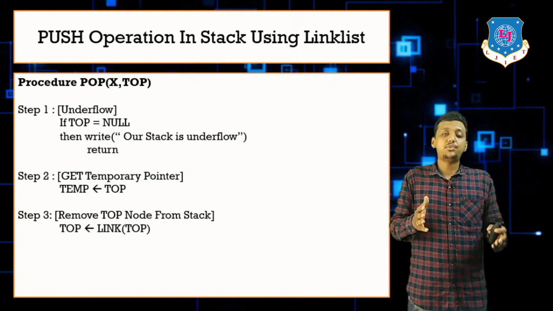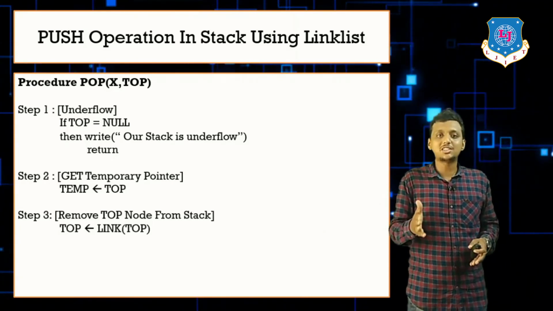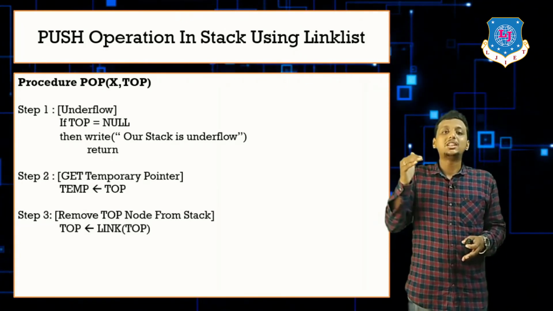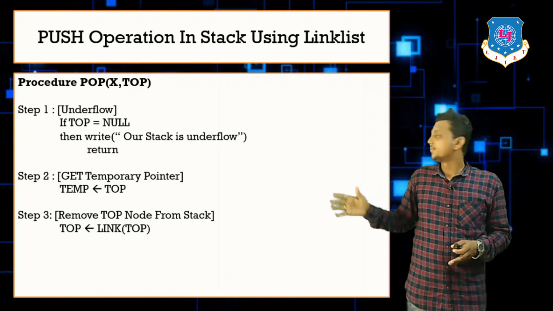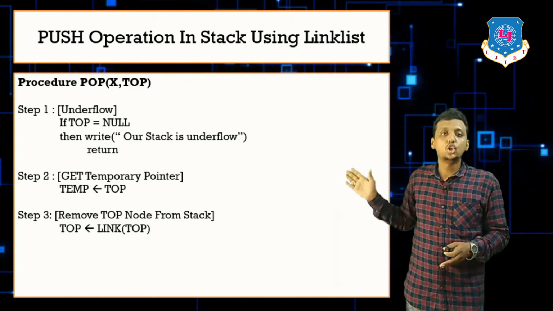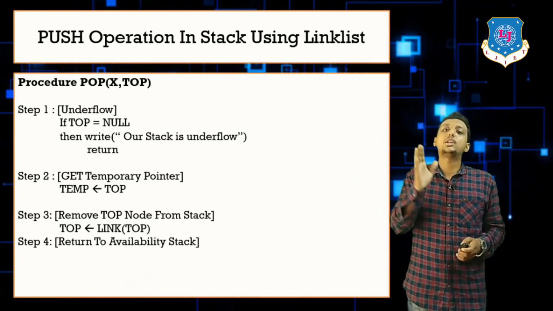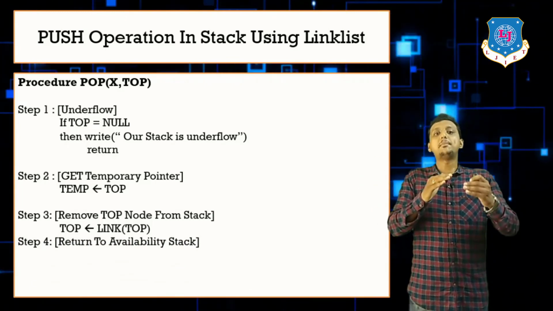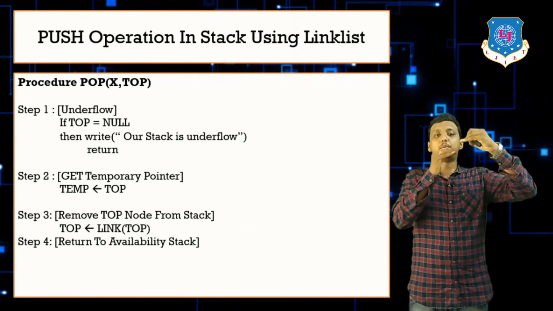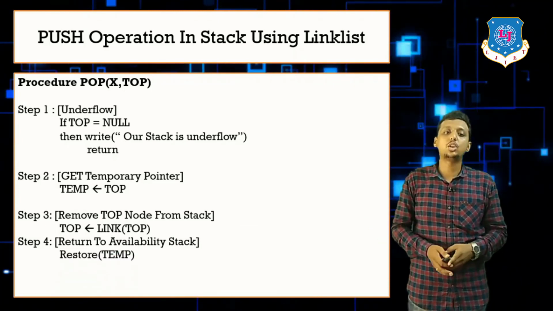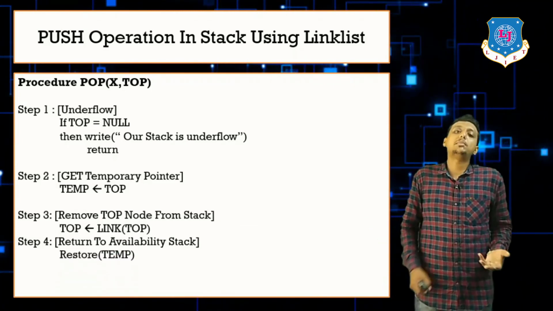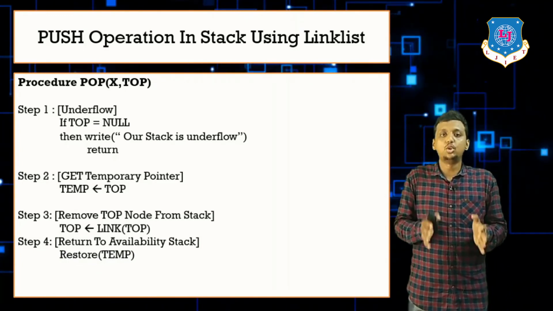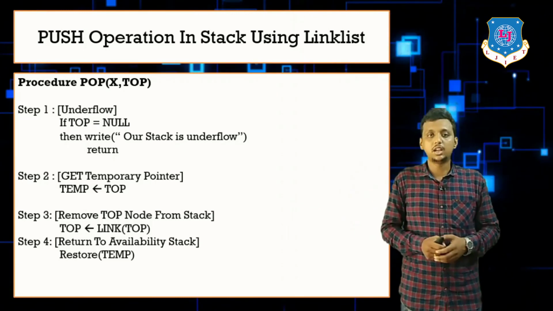Second step, if stack is not underflow and you want to delete something, first initialize temp to top, and then do top arrow link of top. So first temp is pointing to top, then top will point to link of top. In the last step, restore temp. This step means moving the temporary node to the availability stack again.